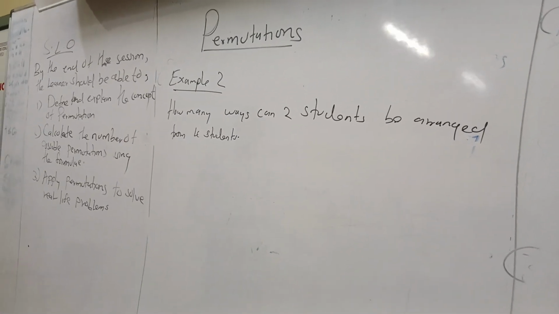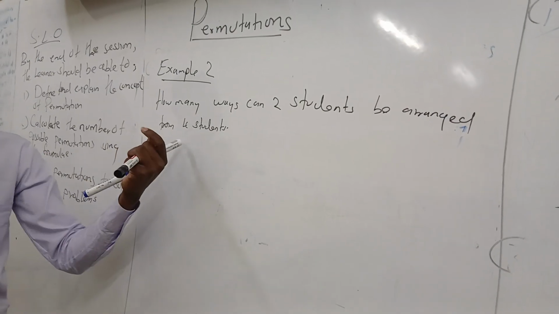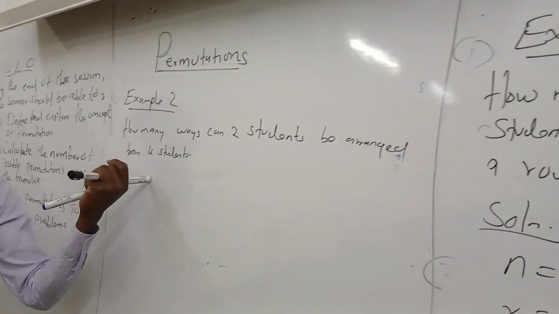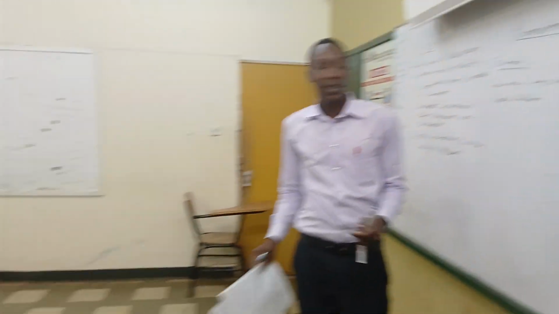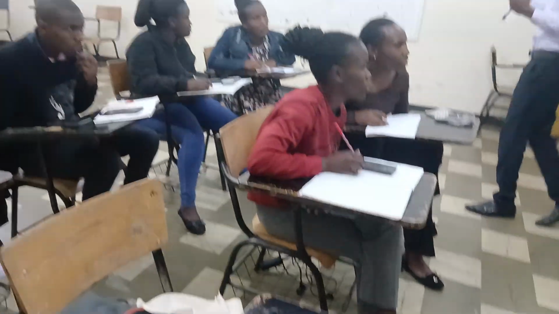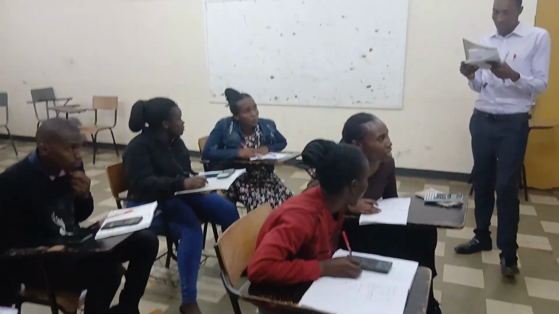In pairs, I want you to discuss this example number 2. First identify n and then identify r. How many ways can 2 students be arranged from 4 students?